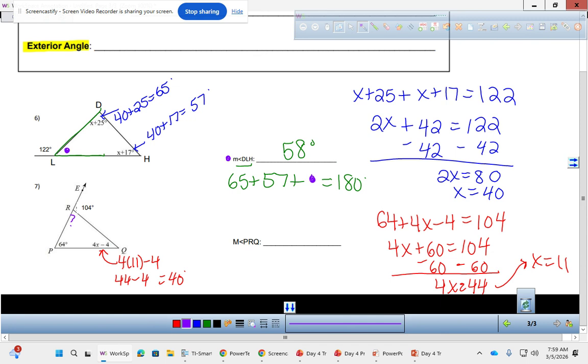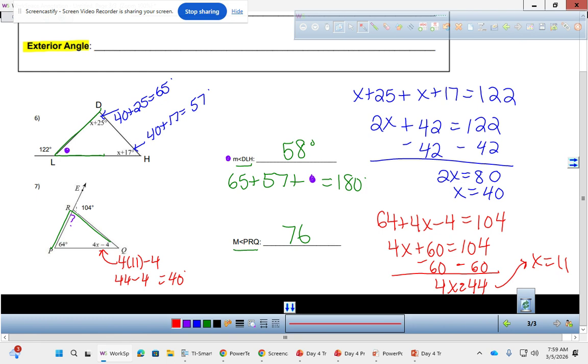Anybody think they know what PRQ is? You worked your way through the whole picture and you got that final answer. 76. 76 is correct. PRQ is this question mark angle, okay? So if I do inside plus inside equals outside and I work my way through that picture, I get X is 11.